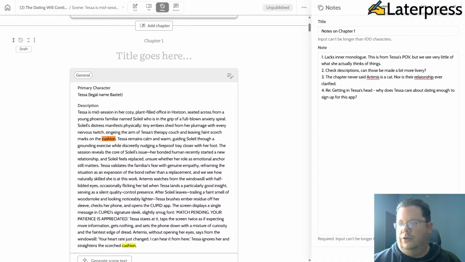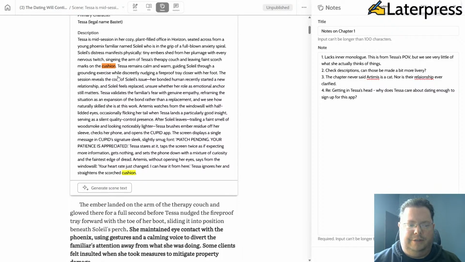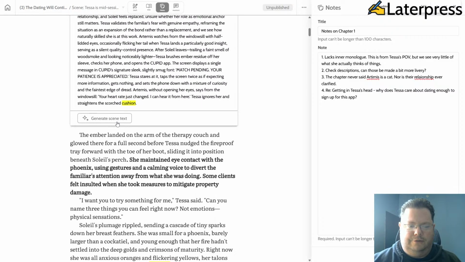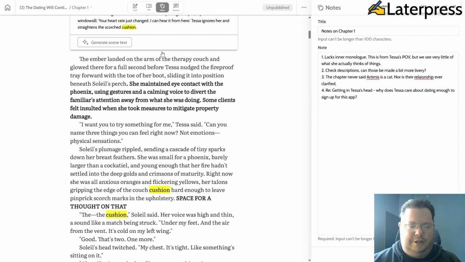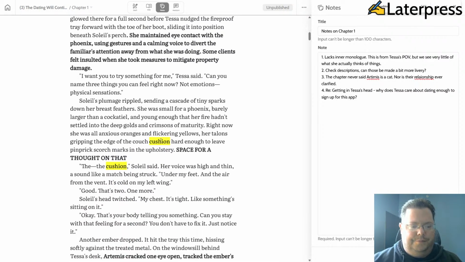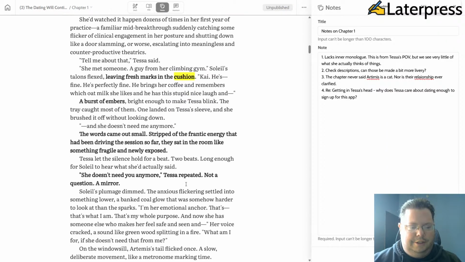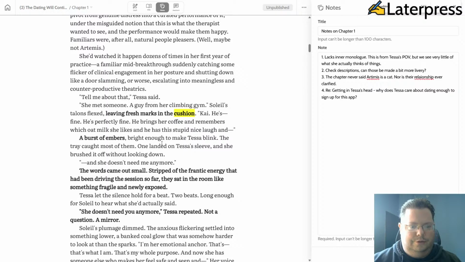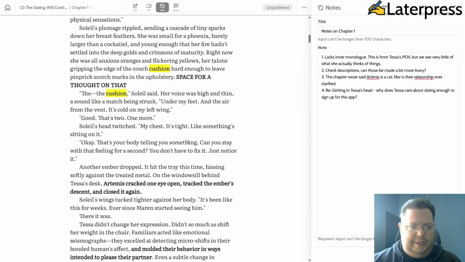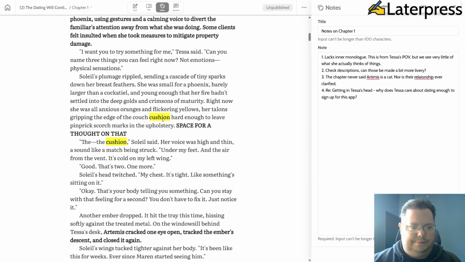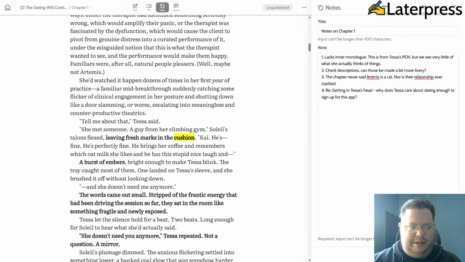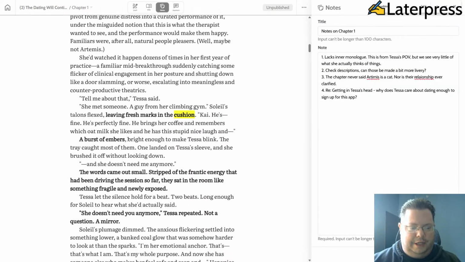The logo is hiding it, but on your screen I did Control F and I typed in the word cushion to see how many times cushion shows up. So we've got cushion, cushion. Those are in the scene card. I don't care. Cushion, cushion, cushion. I want to pay attention to, well, that's only the third time it showed up. So actually that might be fine, and maybe I'm overthinking it.